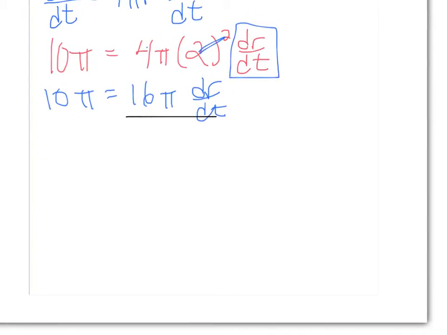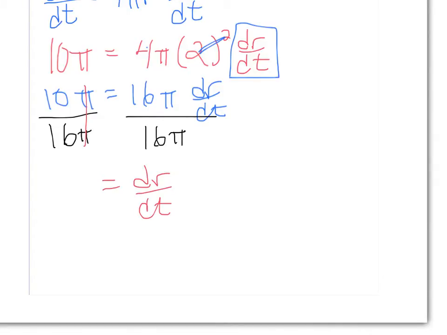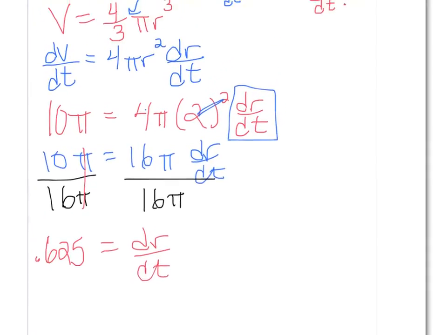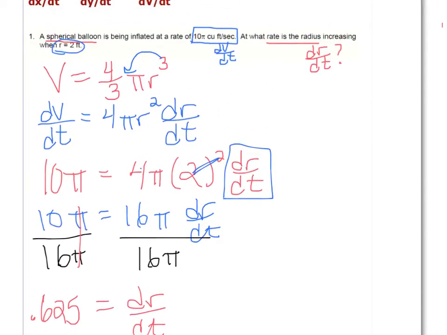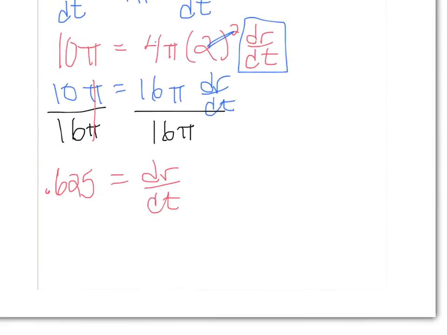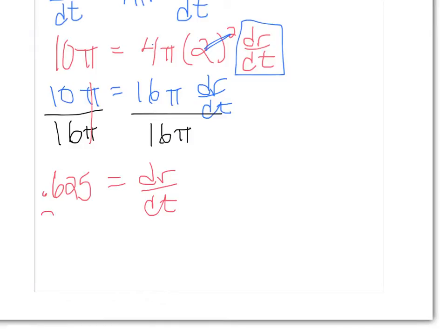And then I'm going to divide both sides by 16 pi. And if you type that in your calculator, the pi's will cancel each other out. 10 divided by 16 is 0.625, but we need units. So if I look back at the problem, it is feet per second as a rate. So our answer is 0.625 feet per second.